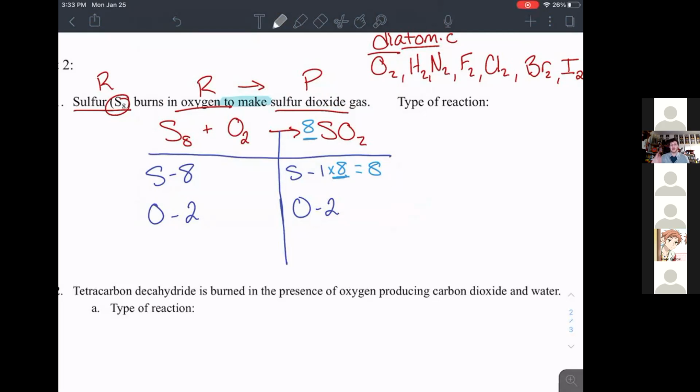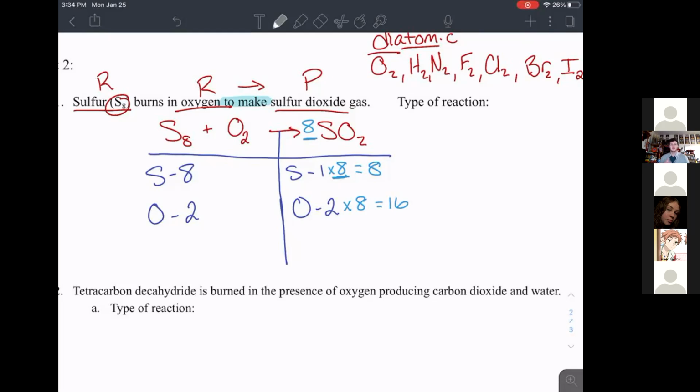No. Why not? You have to multiply the oxygen by 8 as well. Exactly. This oxygen got 8 as well because it's in front of the whole compound. Just like in math class, we distribute, which means now we have 16 oxygens. So my sulfurs match, but now my oxygens, do they match?